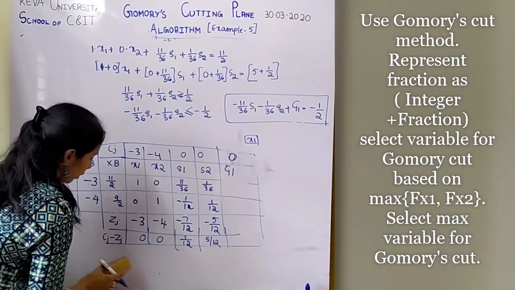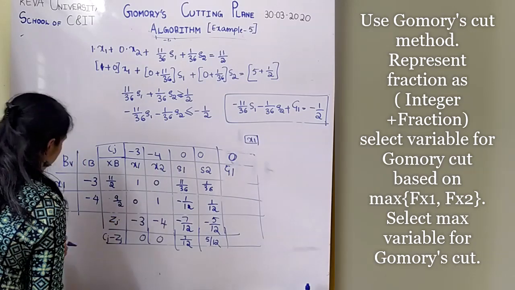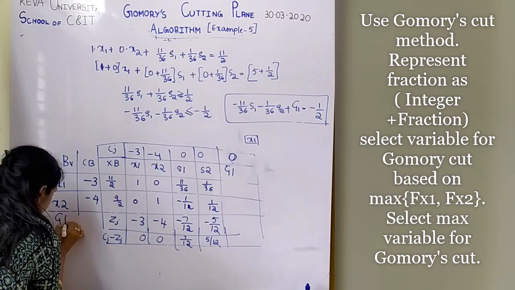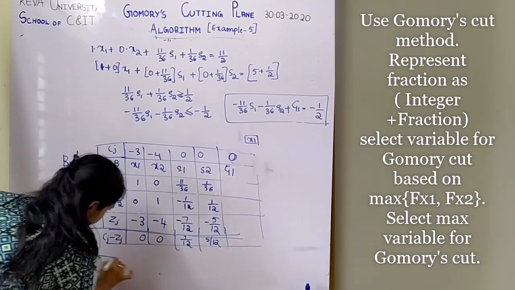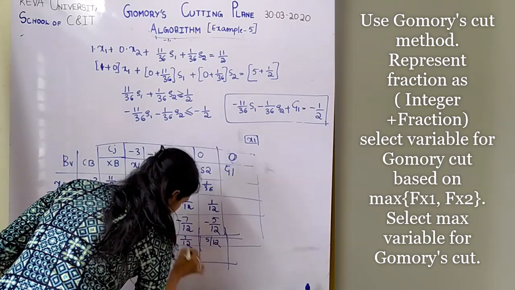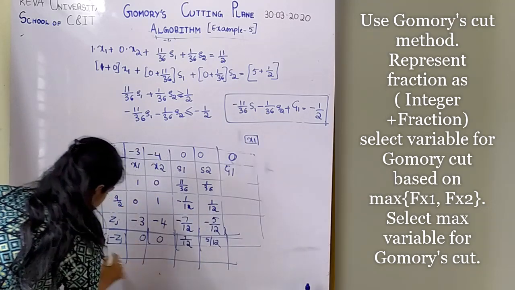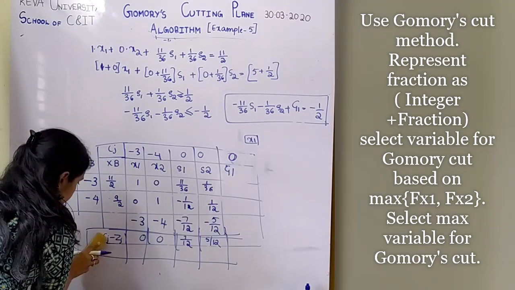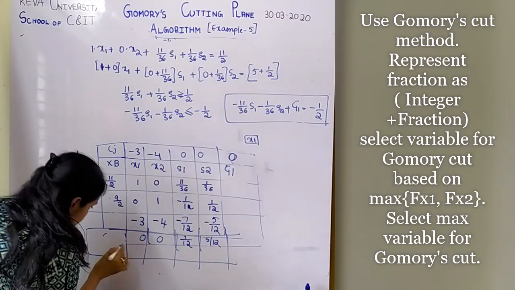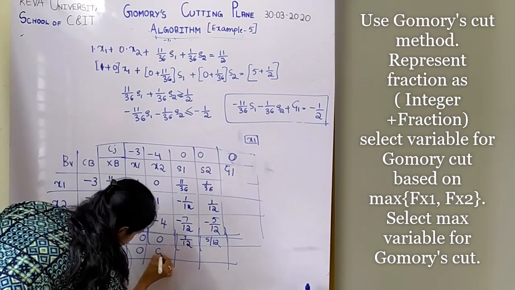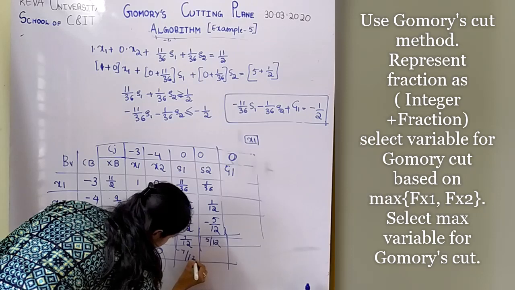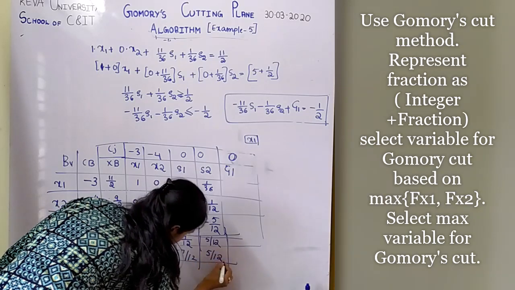Now, here you have to include now G1 and here this becomes Cj minus Zj. So 0, 0, 7 by 12, 5 by 12.